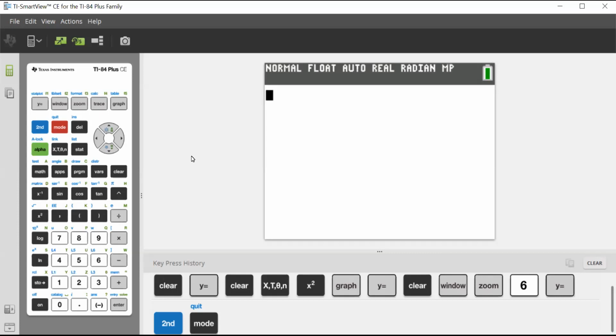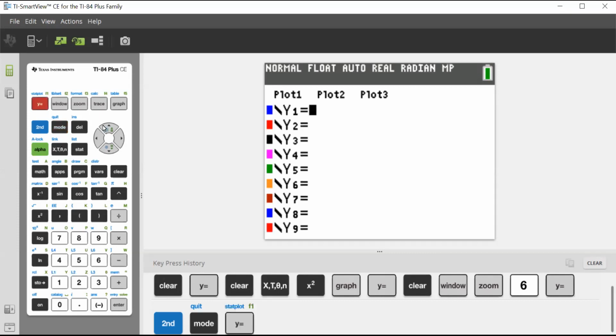Okay. All right, so let's say that I want to graph the function f of x equals x squared. Well, the way I can do that on the TI is up here in the left-hand corner. Notice there's this Y equals button. So if I click that, it takes me to a screen like this where I see a bunch of Y equals lines.